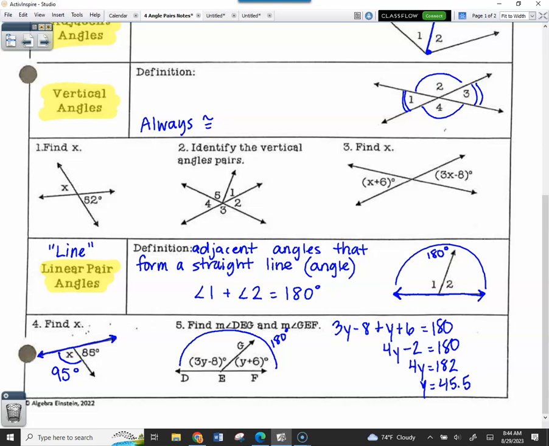Now it didn't say find y though, it said find the measure of the angles. So what do I do with the 45.5? You're going to have to plug it in. So this angle here, you're going to plug 3 times 45.5 minus 8 in your calculator. This angle here, 45.5 plus 6.